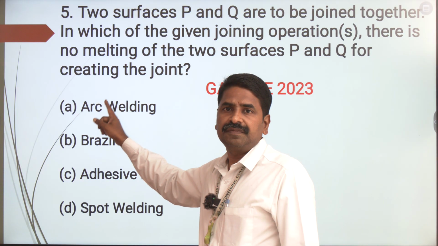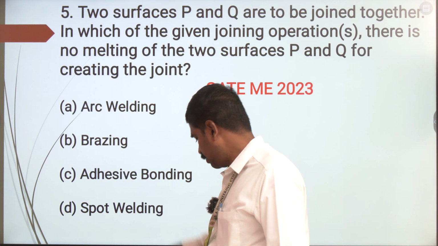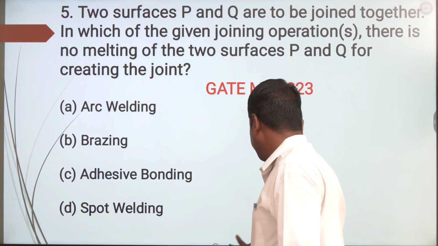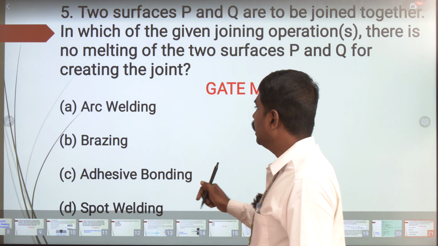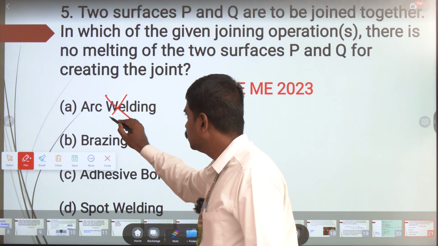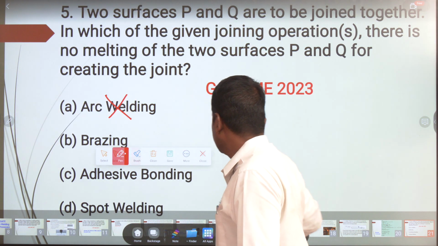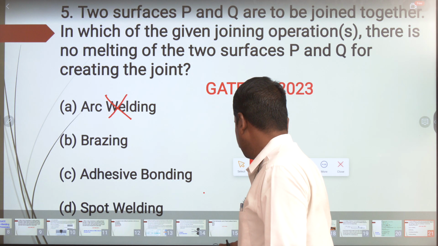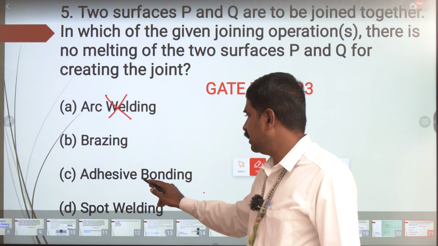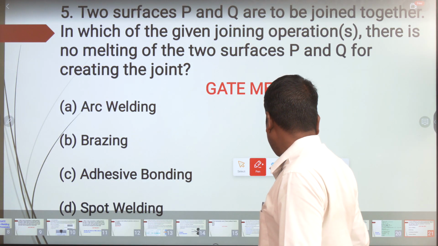So here melting of the material is going to take place. So this is not going to be the correct answer. So this is wrong. Next comes brazing, then adhesive bonding, and then spot welding.